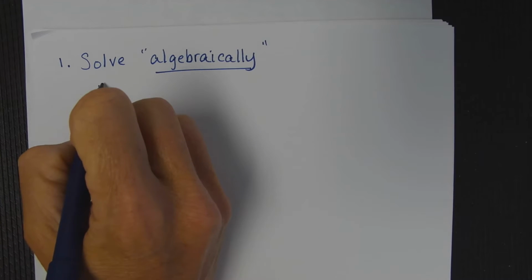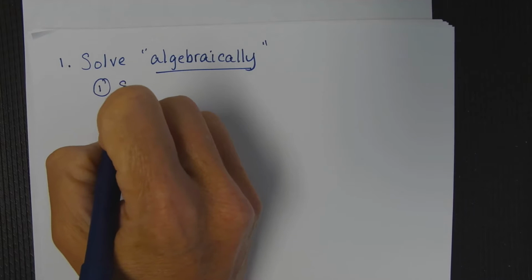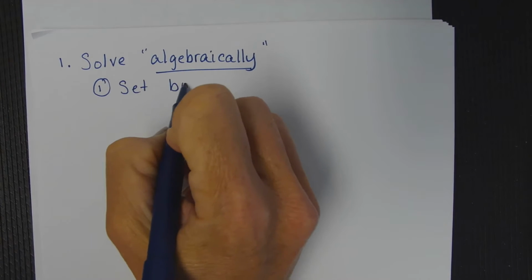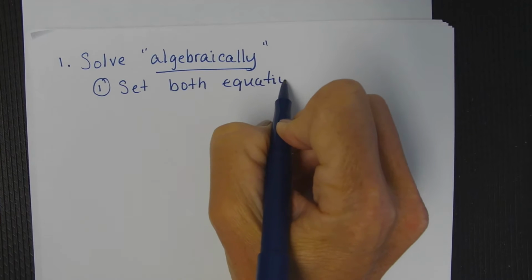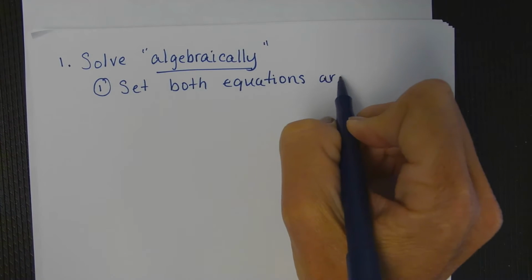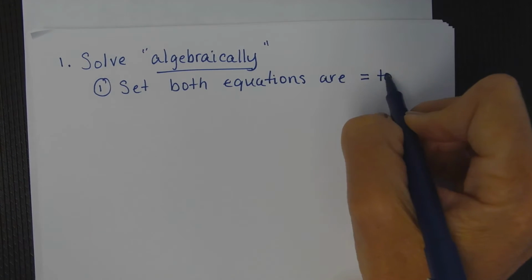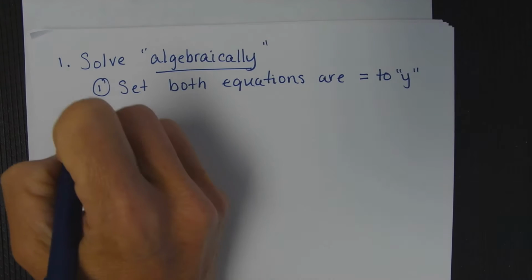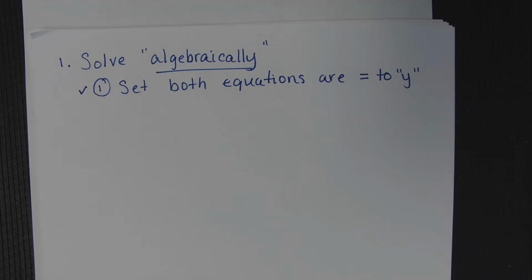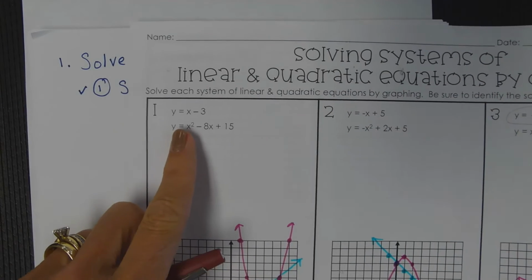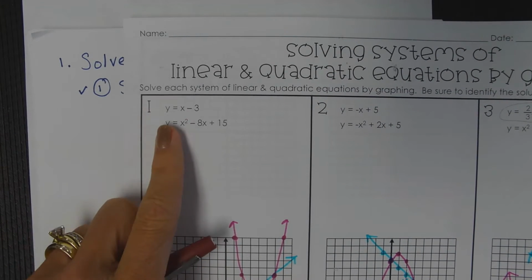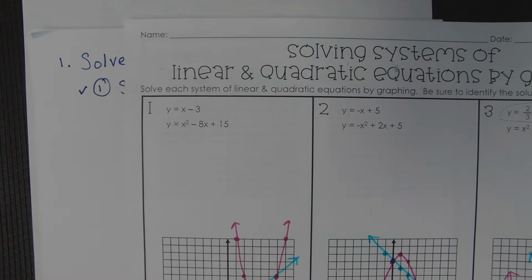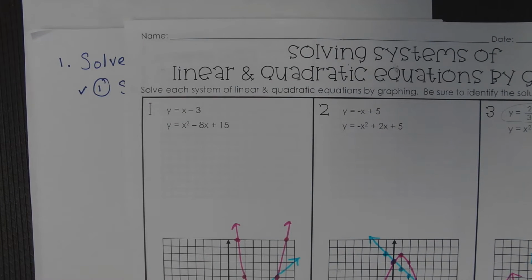First step, you need to make sure both equations are equal to y. And for number one, they are. Okay, so to show what I'm talking about, these equations, they're both equal to y. If they're both equal to y, aren't they equal to each other?